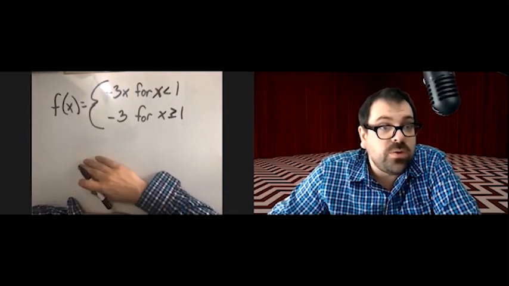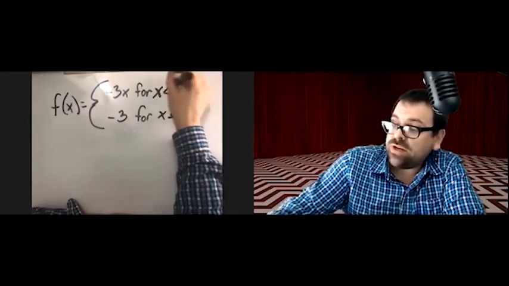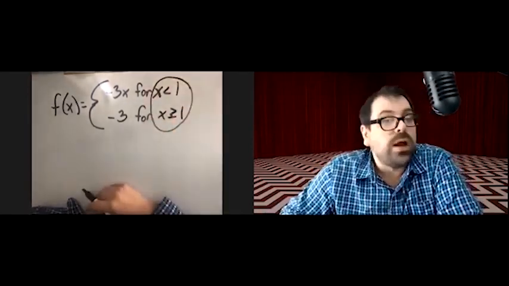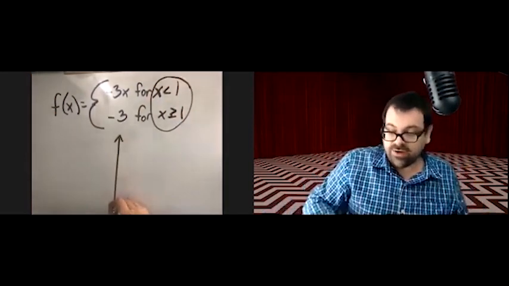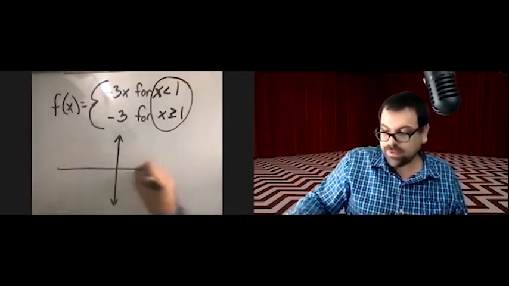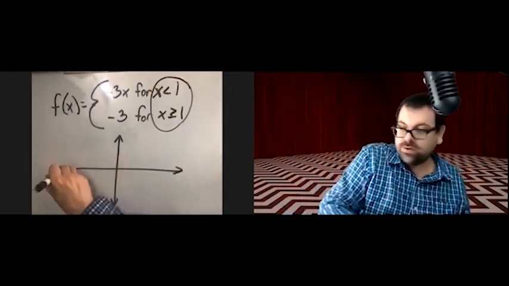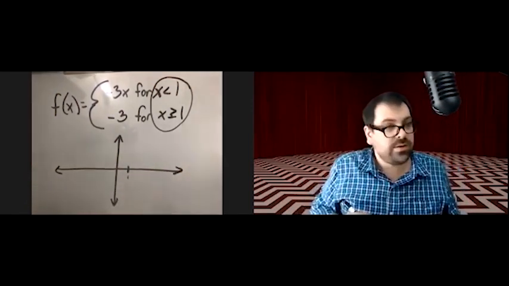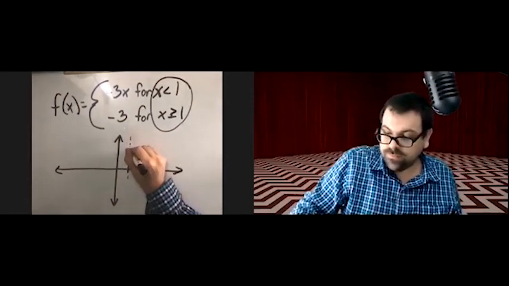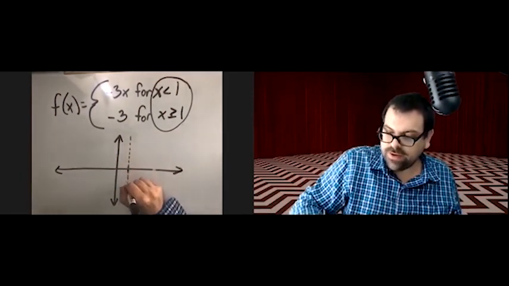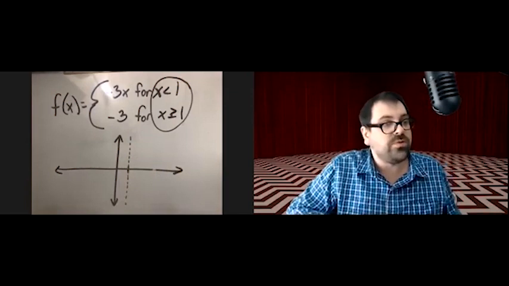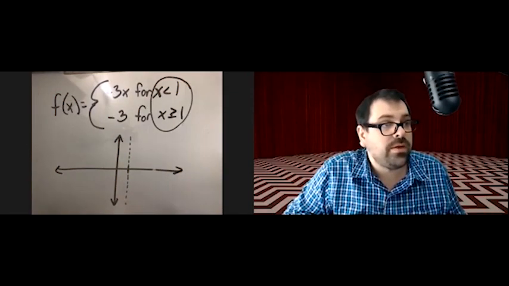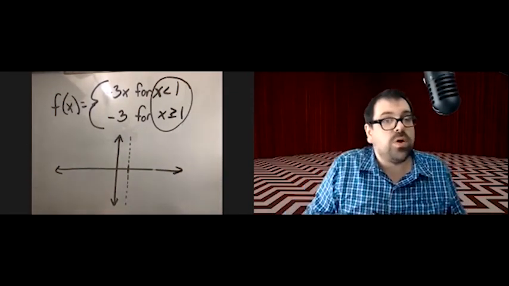The first step in graphing a piecewise function is going to be to look at where we're splitting our x values. So here, at x equals 1, we would draw a dotted line, vertical, straight through the x value. Now to the left, we'll have one graph.